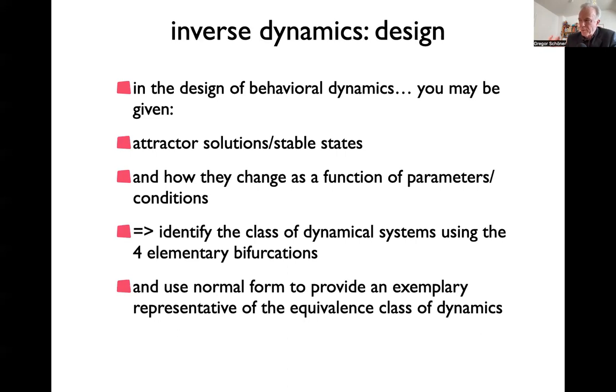So we're using the normal form essentially to find an equation that is in an equivalence class that has these solutions, but is also a very simple one, one that has no other undesired properties. That's as much as I wanted to present.